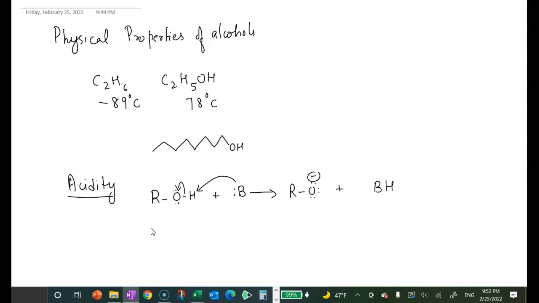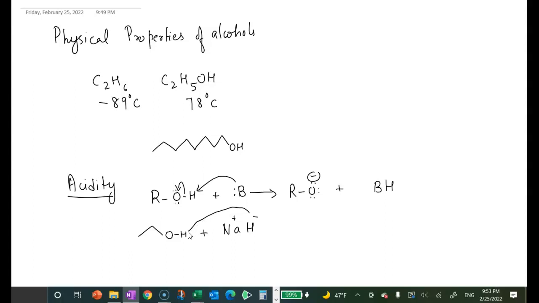One of the common bases we use is sodium hydride. You can write a reaction like this: an alcohol with a base like NaH, which is Na plus H minus.